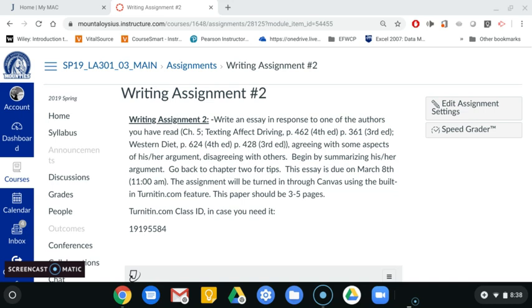And again, that's the art of summarizing. And then you're going to focus on chapter 5 to use some of those templates to insert your own voice into this. Okay.